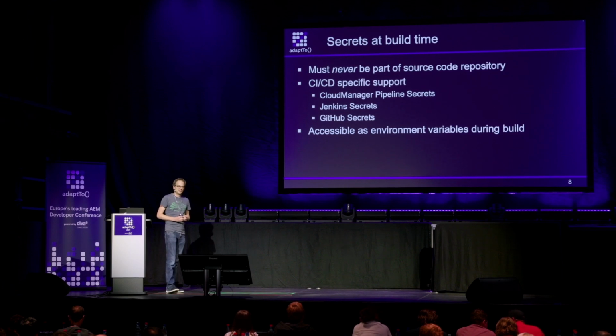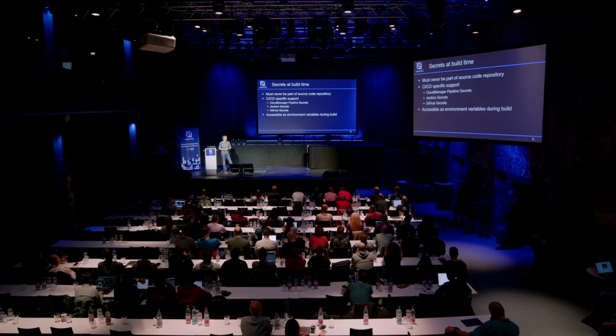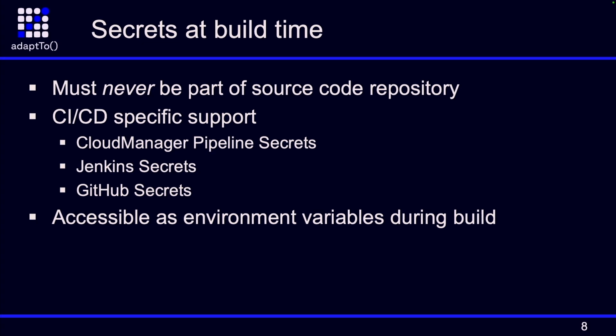So obviously secrets are named secrets because they should not be exposed to everyone and not to every developer. So they should never be part of your regular Git code repository. There are different features from different CI/CD environments, which basically allow you to configure that in a safe way.